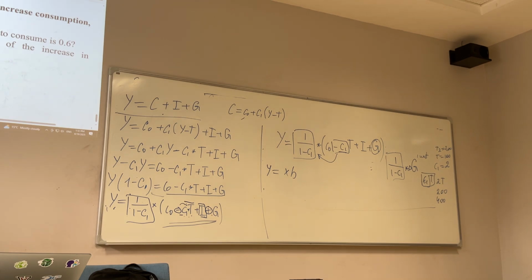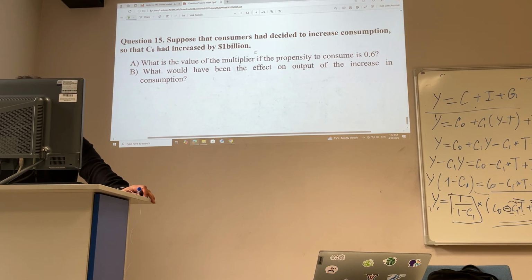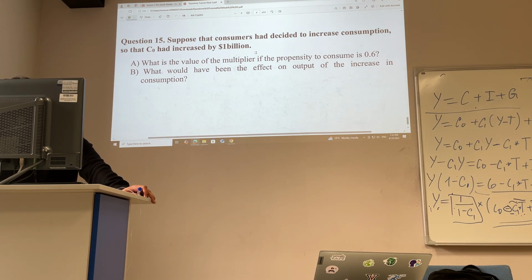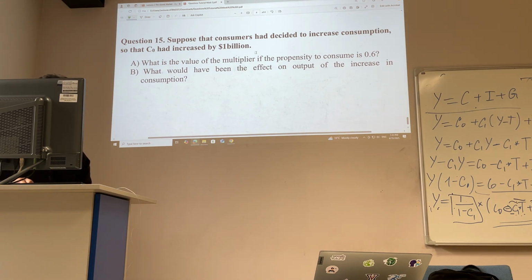Question 15, guys. What is the value of the multiplier if the propensity to consume is 0.6? You guys can solve it, right? Let's solve. A is easy, the multiplier.